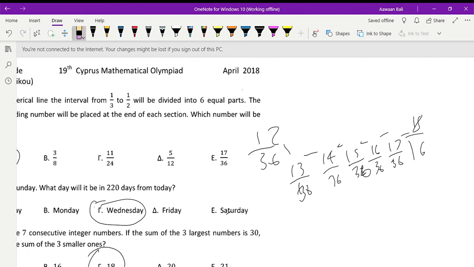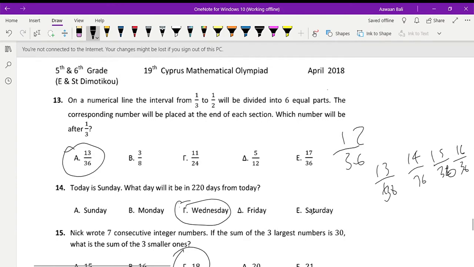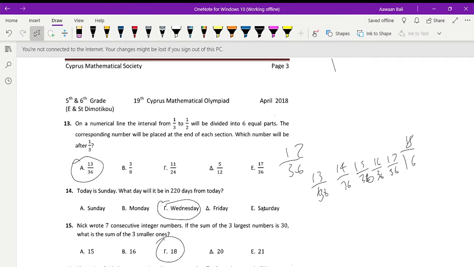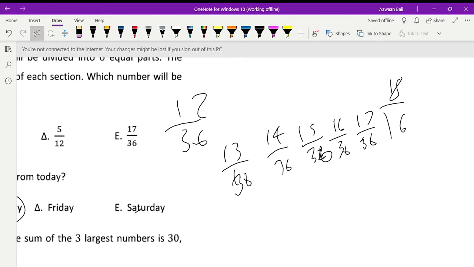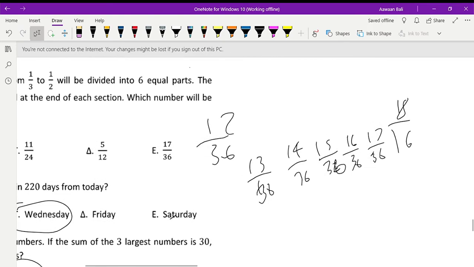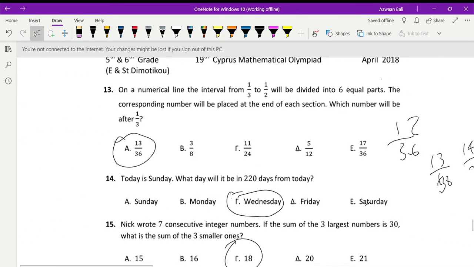So basically it's 6 spaces in total, and there are 6 sections. So which number will be after a third? A third in this case is 12 upon 36, so after that 13 upon 36, therefore the answer is alpha.